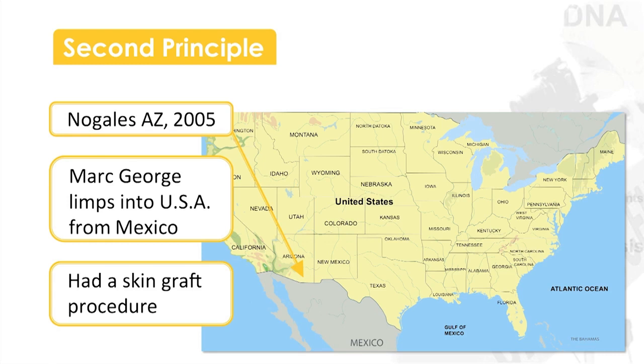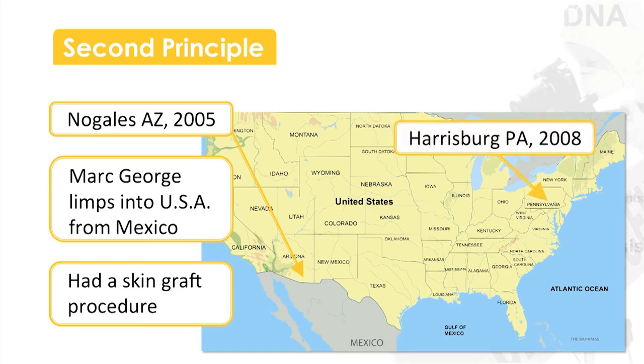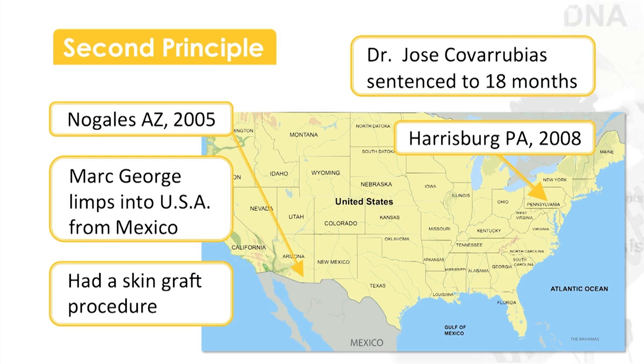The doctor who carried out this procedure, a man called Jose Covarrubias, was tracked down. He was living in Harrisburg, Pennsylvania. He was tracked down a few years later, and he was charged and ultimately sentenced to 18 months in prison.